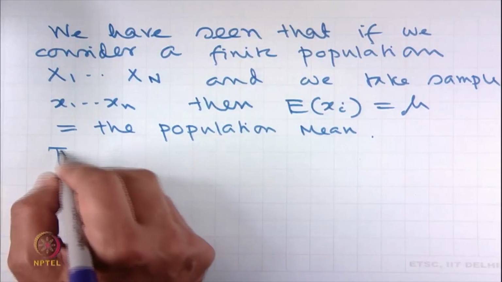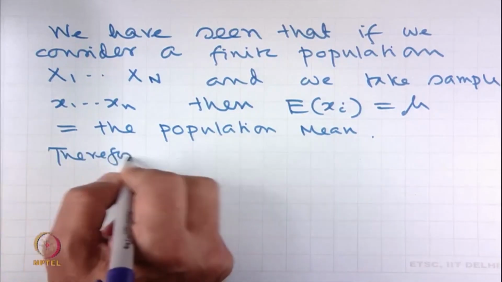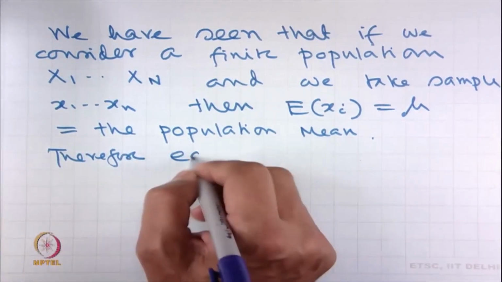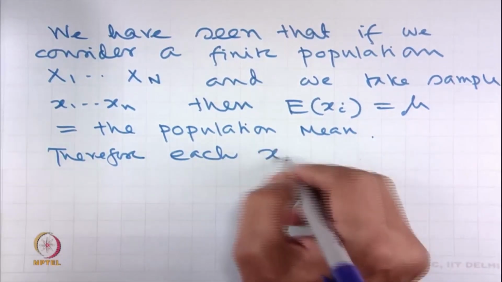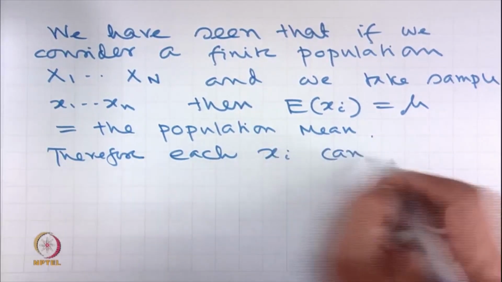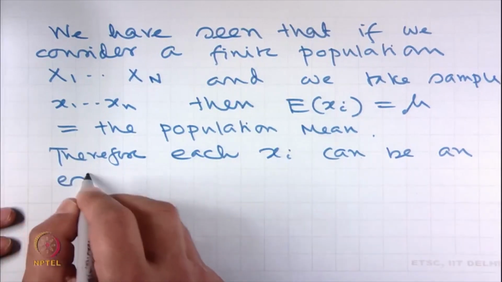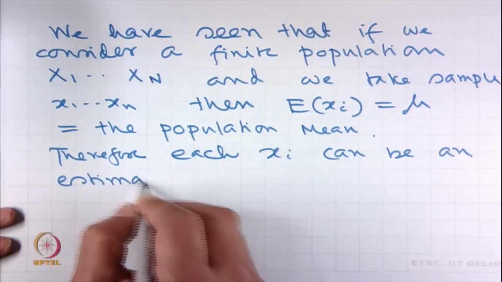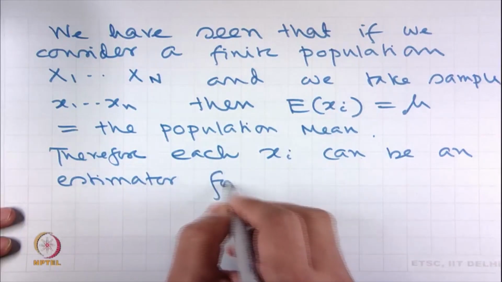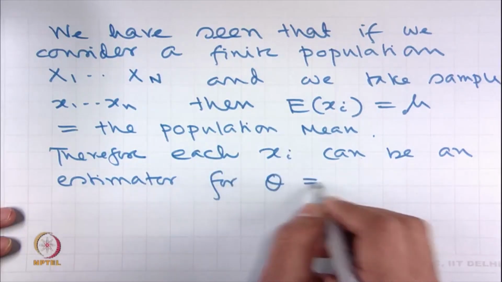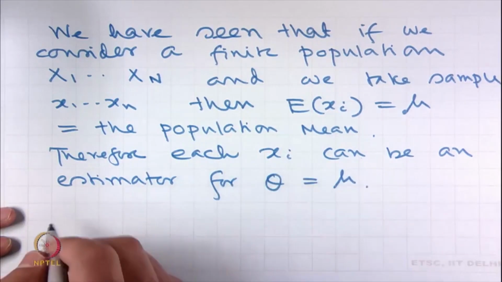Therefore, each xi can be an estimator for theta equal to mu.